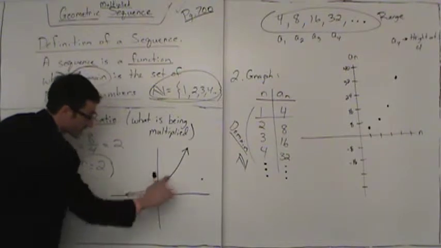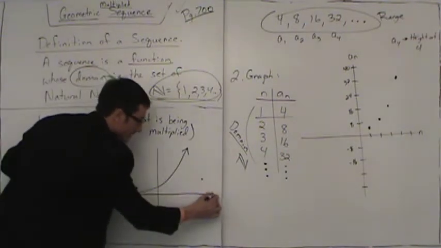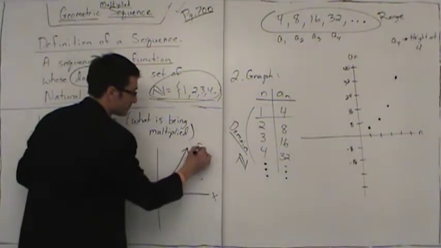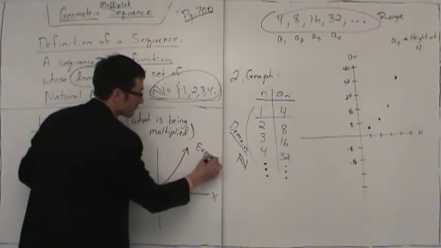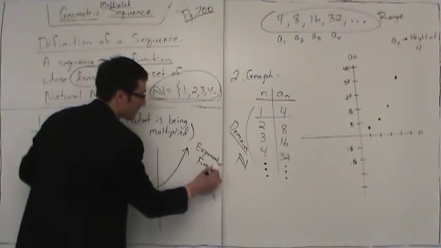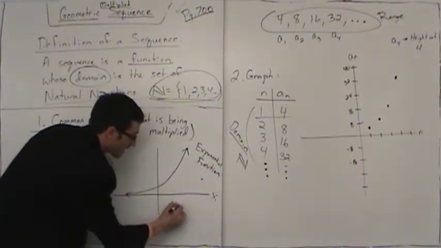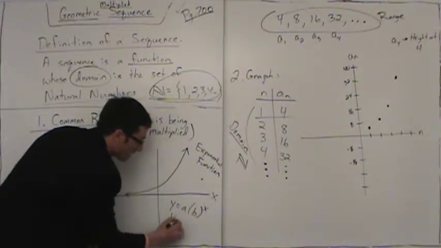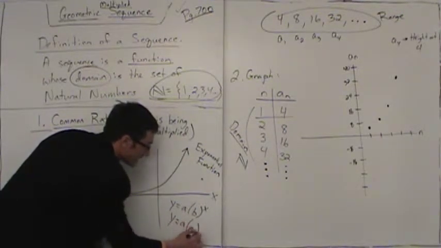Remember, the exponential function has this shape. Takes off very quickly, gets forever close to the x-axis, but never touches. This is the exponential function. And remember, the equations of the exponential function are y equals a times b to the x power, or y equals a times e to the x power.